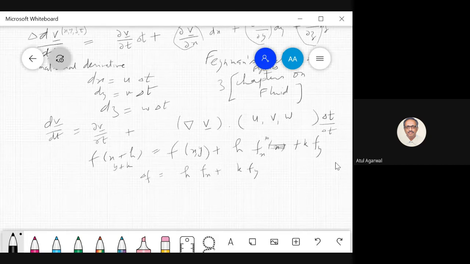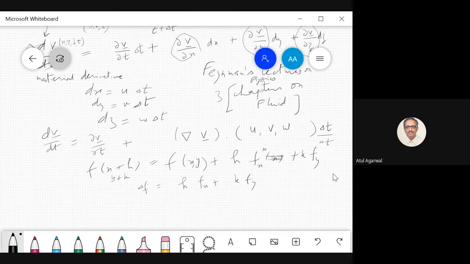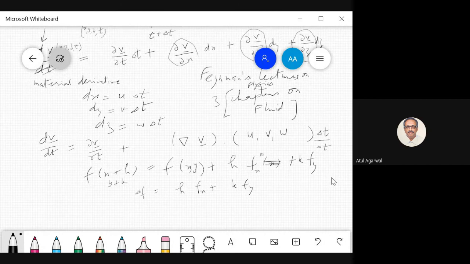So what do you get? dv by dt is equal to del v by del t plus gradient of v. Now this is gone, so you get this is nothing but vector v. U V W is nothing but vector v. So you're multiplying gradient of v with v.